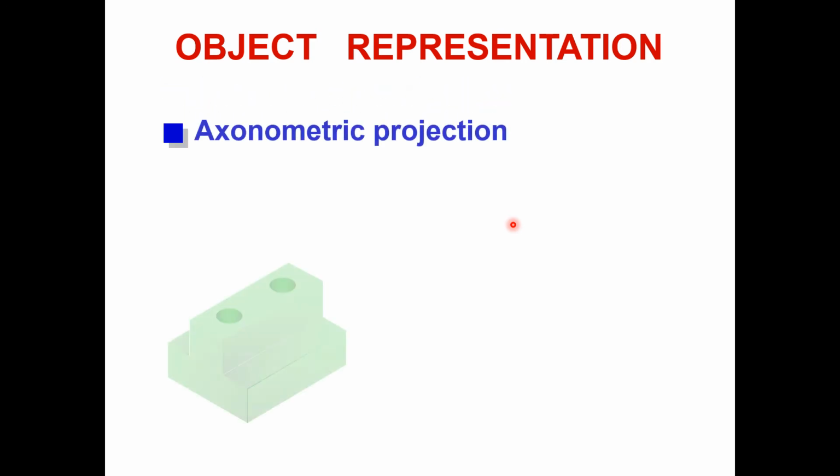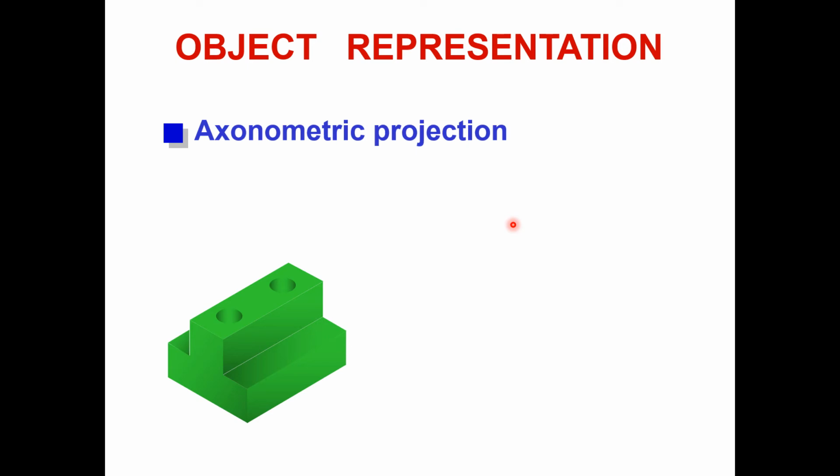Here is the object representation. Under the subheading of orthographic projection, there are two types, axonometric projection and multi-view projection.